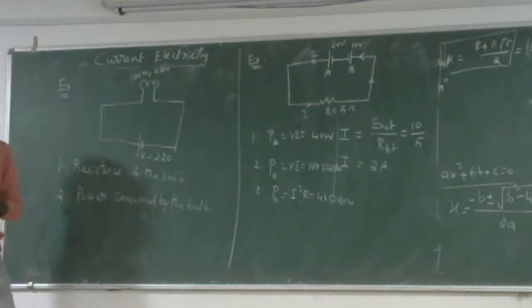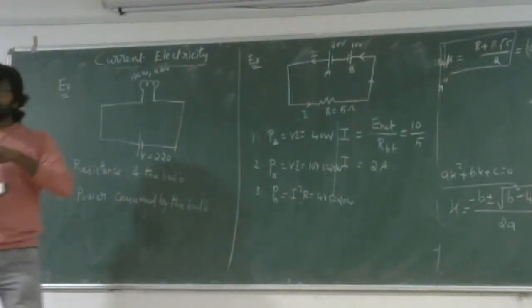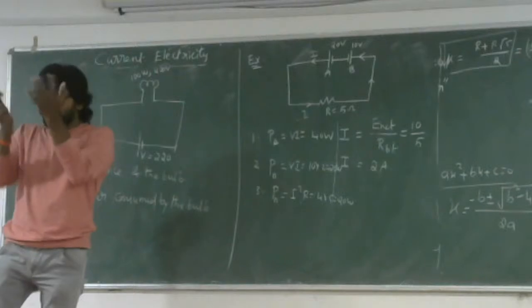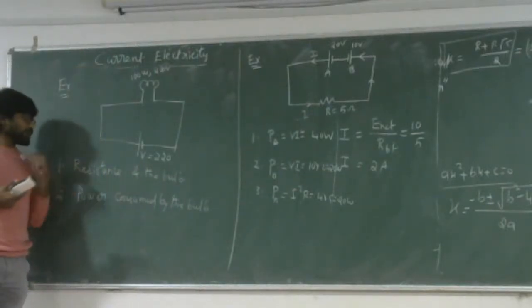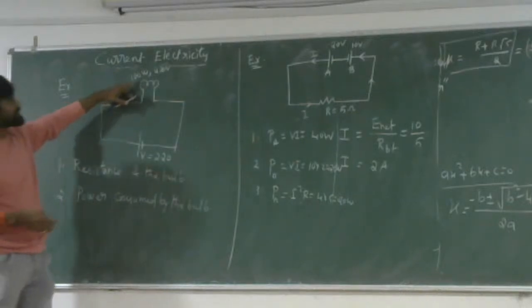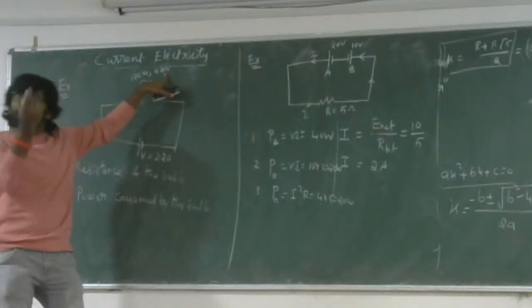How to find resistance? By using the previous three formulae. What are those three formulae for power? VI, I square R, V square by R. You have to remember those. By knowing power and voltage, how do we calculate resistance? The power rating is given, the voltage rating is given.